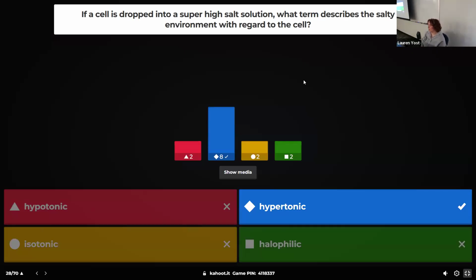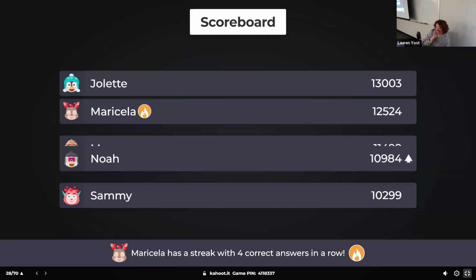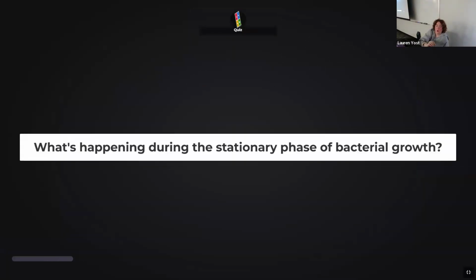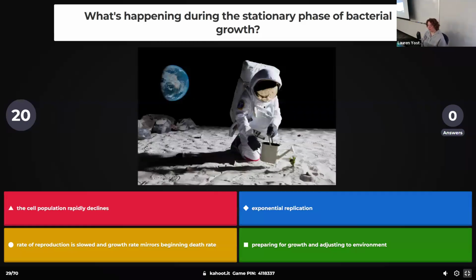This would be hypertonic. So what would happen to the cell as a result of that? It would shrink, right? The water would move out of the cell. Anybody need me to talk about that stuff? Hypertonic or hypotonic or isotonic? What's happening during the stationary phase of bacterial growth?